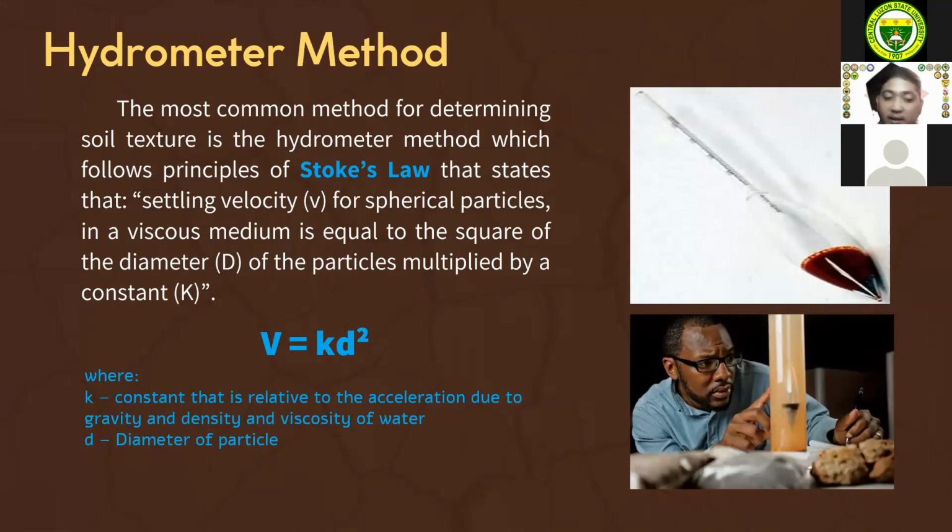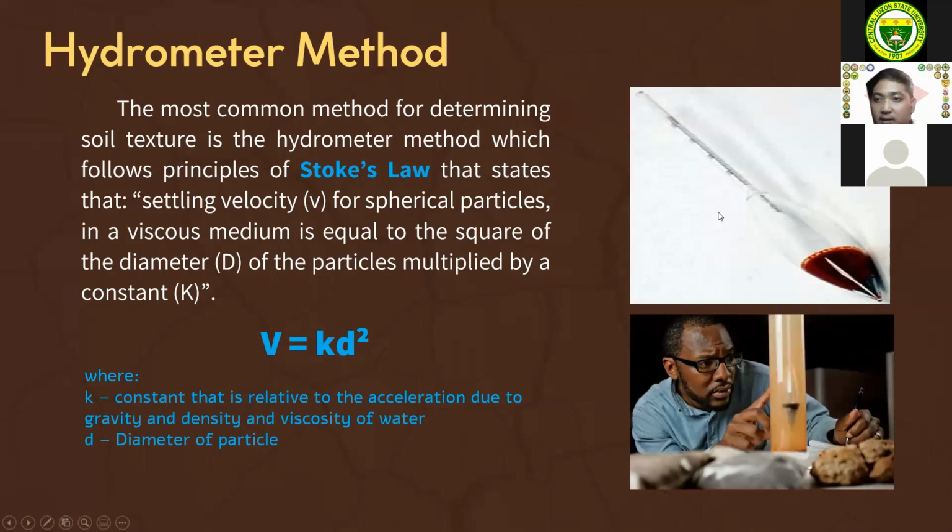We have the different diameter of sand. Sand is estimatedly 0.05 to 2 mm. Yun yung diameter niya. Then yung silt is 0.002 to 0.05. Then less than 0.002 is the clay particles. So yun yung tinutukoy dito na diameter of particle.